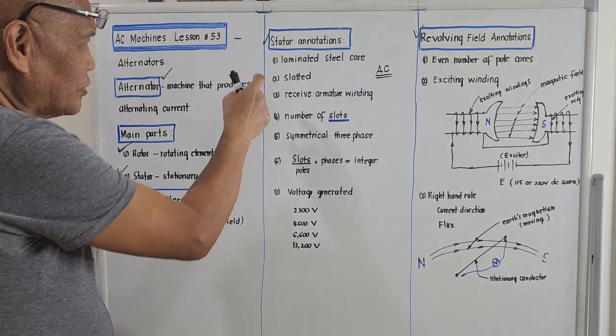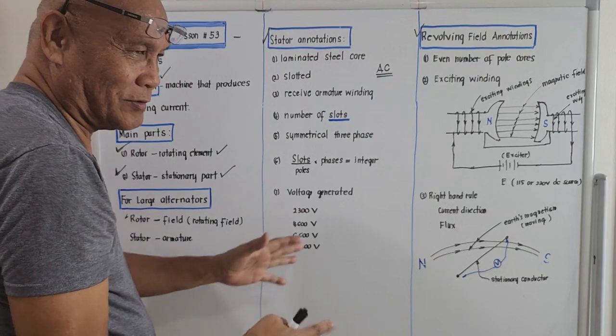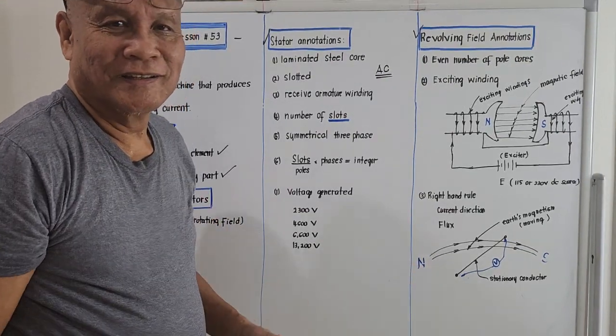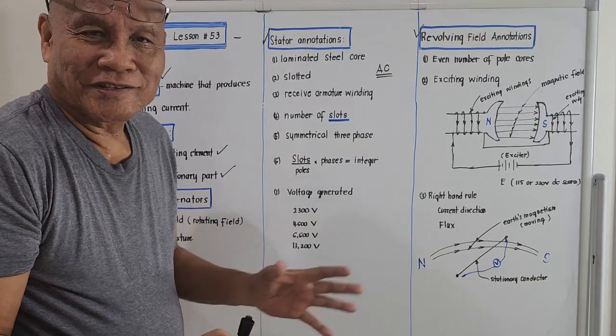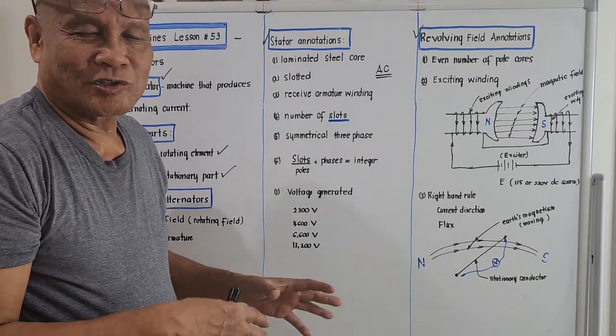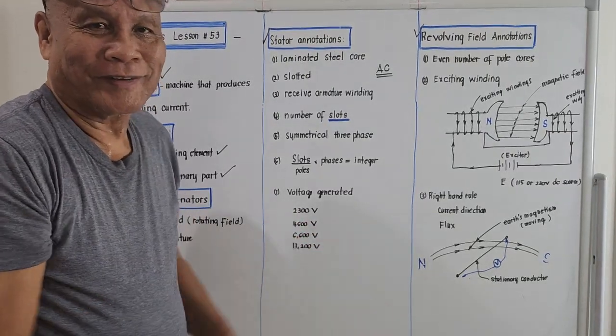Regarding these stator annotations, I will simplify this one and then discuss it a little bit. Storytelling, guys, because we are discussing concepts over here. There is so much storytelling here, but the story should be the correct one, right?